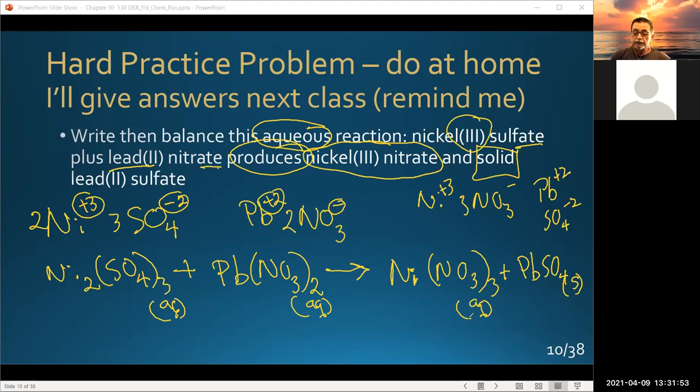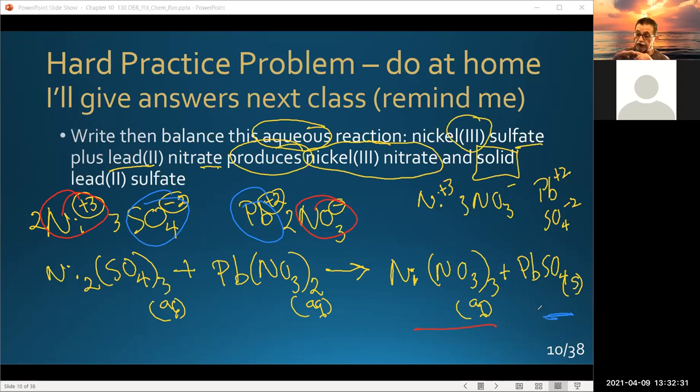So this, ladies and gentlemen, is a good example of a double displacement reaction. What has happened is the anions and the cations have exchanged, okay? Notice we start off with nickel here, and they exchange with the nitrate to give us nickel nitrate, okay, nickel 3 nitrate. Then the lead exchanges with the sulfate to give us lead sulfate right here, okay?